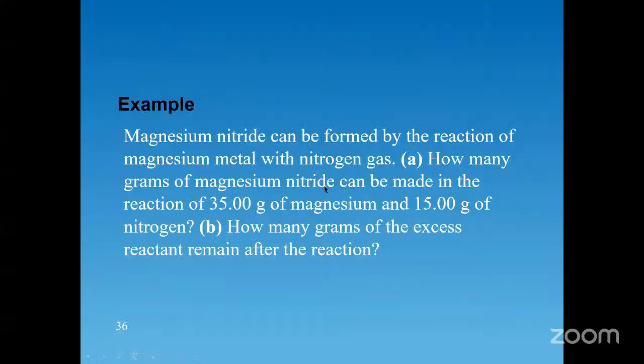So it says here in this example, magnesium nitride can be formed by the reaction of magnesium metal with nitrogen gas. First part is asking, how many grams of magnesium nitride can be made in the reaction of 35.00 grams of magnesium and 15.00 grams of nitrogen? And then the B part is asking, how many grams of the excess reactant remains after the reaction?